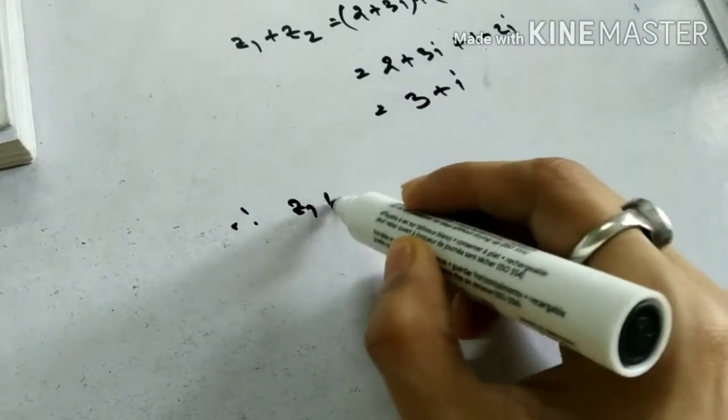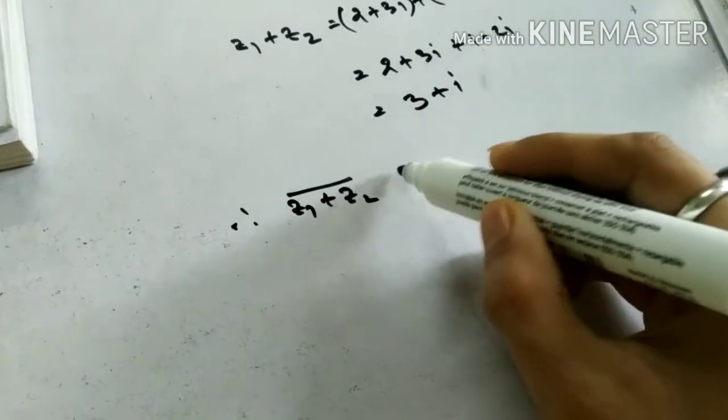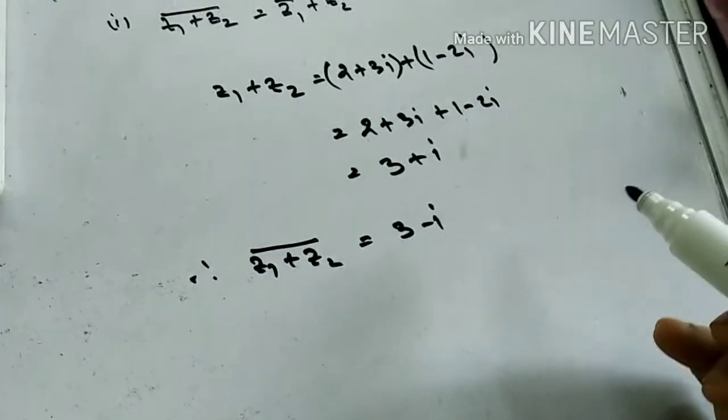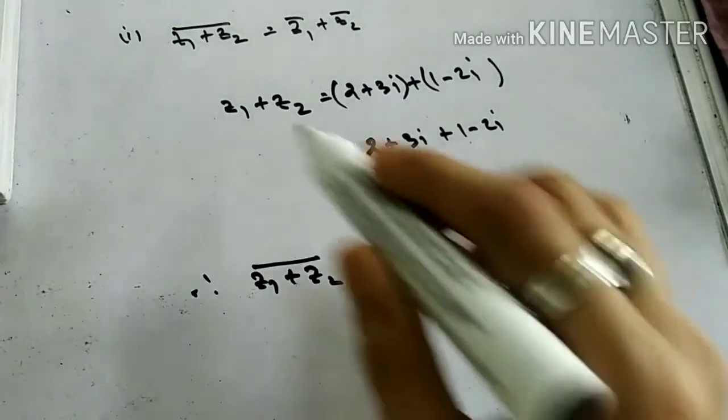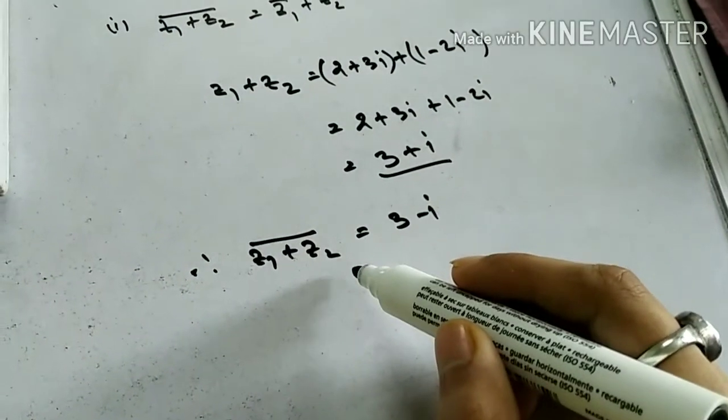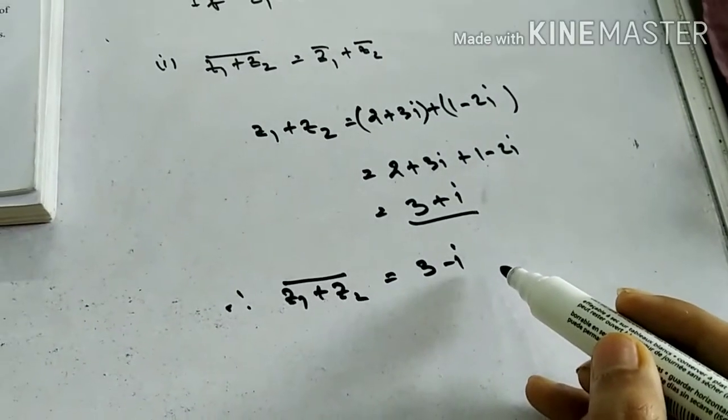So therefore Z1 plus Z2 is 3 plus i. Conjugate of Z1 plus Z2, so therefore Z1 plus Z2 the whole bar becomes 3 minus i.